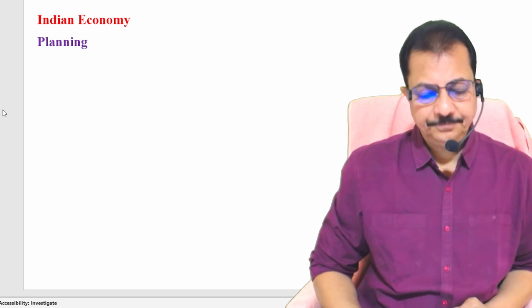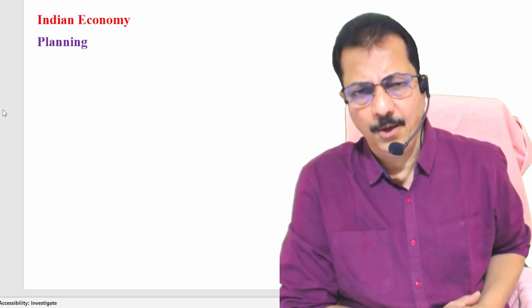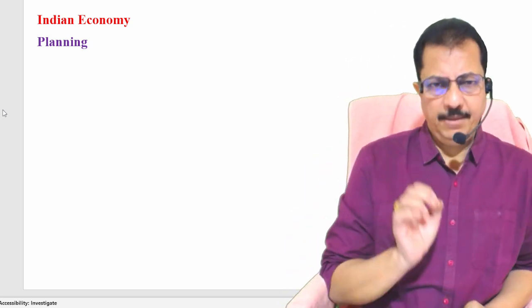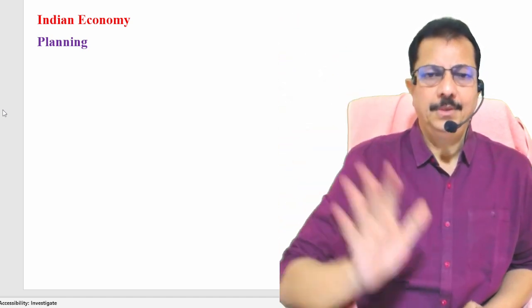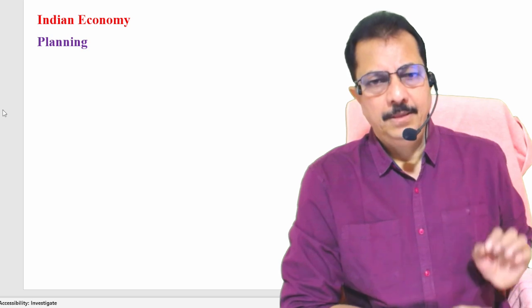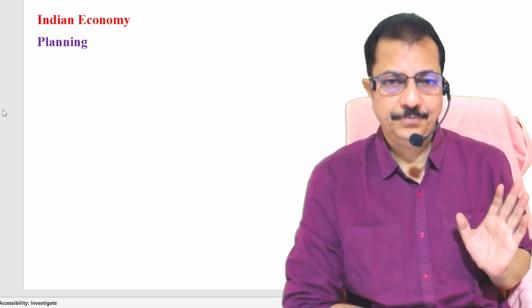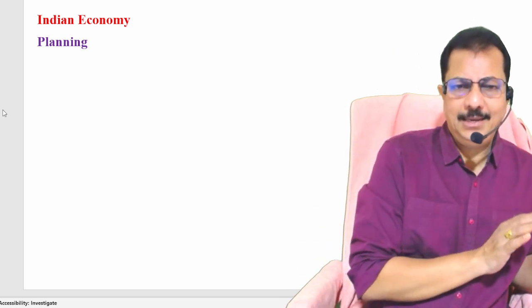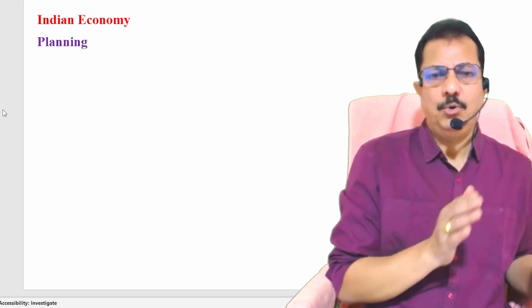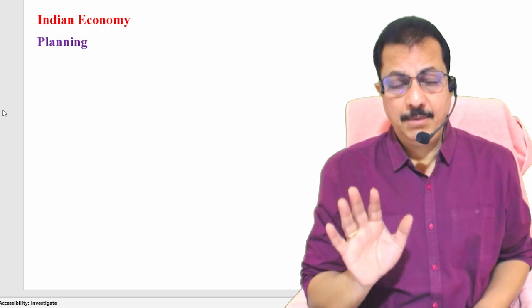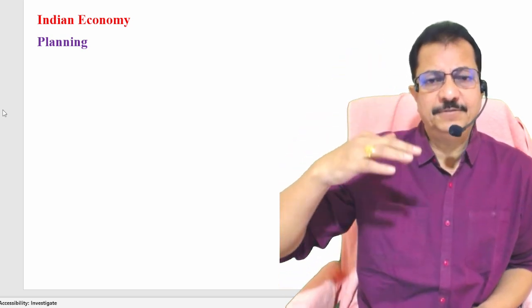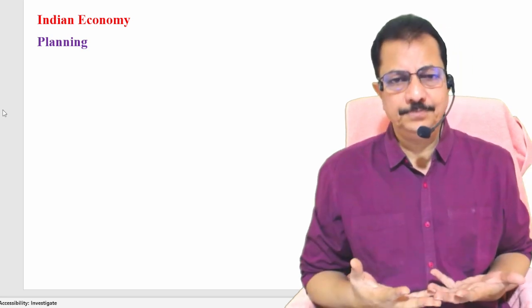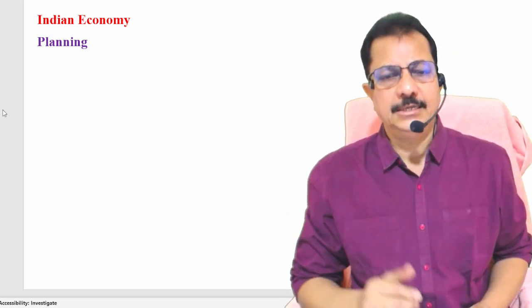Let's discuss the first 5-year plan now. Every 5-year plan has given priority to something. In a similar manner, the first 5-year plan has given the priority to agriculture. Because India is an agrarian society, we depend more on agriculture, and the government thought that once we become self-sufficient with agricultural produce, then we can concentrate on the rest of the things.